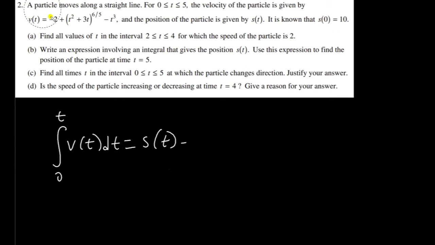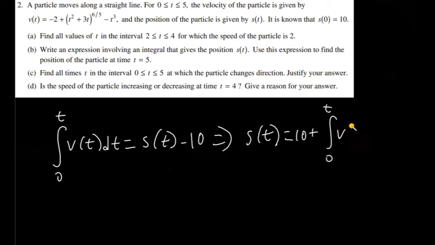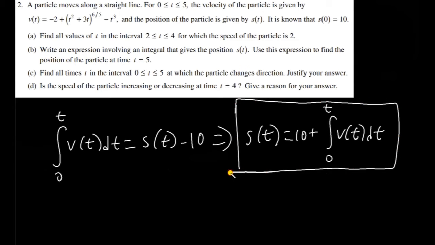So I can replace s of 0 with 10, and then I'll solve this for s of t to give me 10 plus that integral. Okay, and this is that s of t function that will give us the position. Now, we need to find the position of the particle at t equals 5, okay?